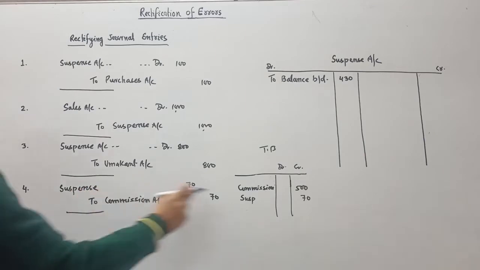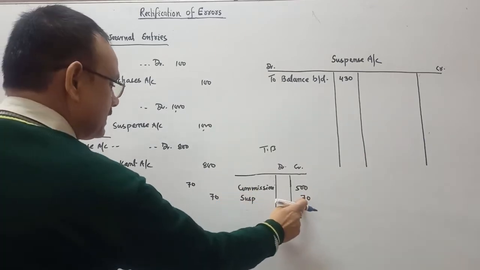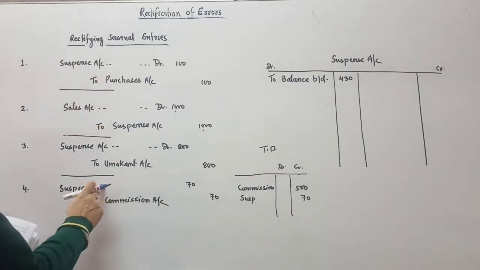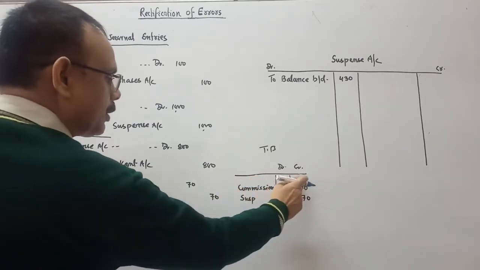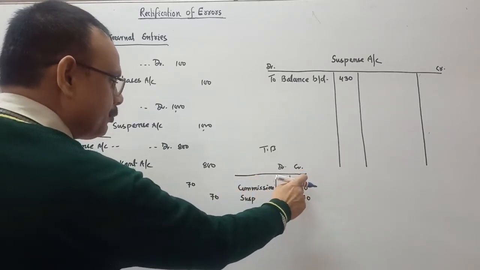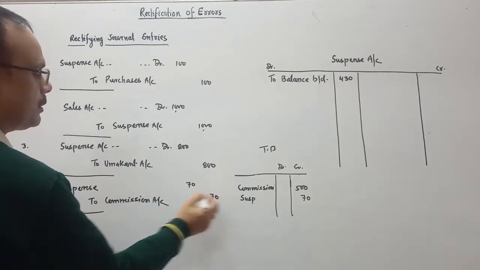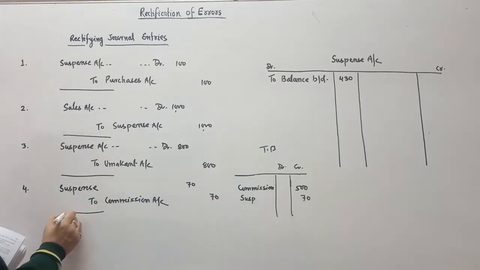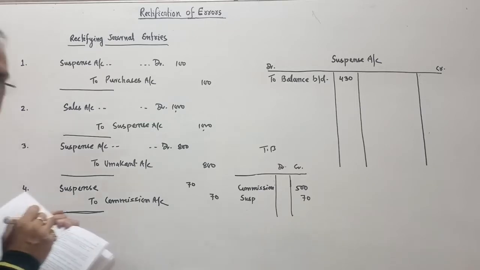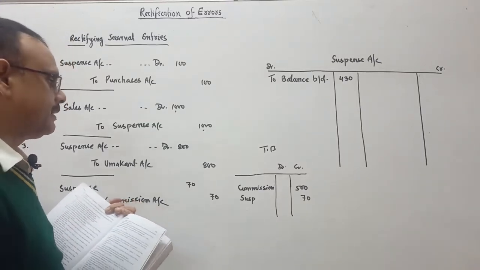Suspense is debited because we are going to cancel this 70 rupees, and in commission account we have written 70 rupees less, so we have to credit the commission account 70 rupees. Now it is rectified. Is it clear?